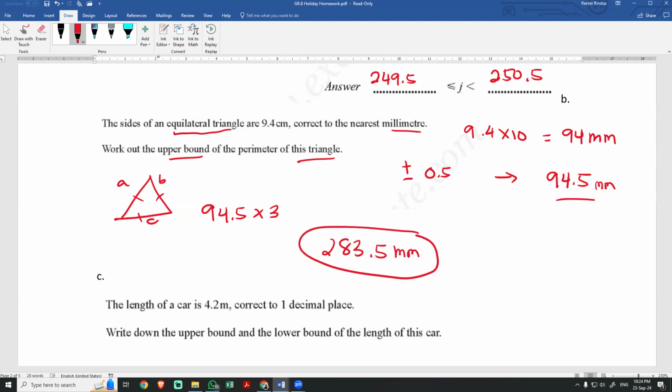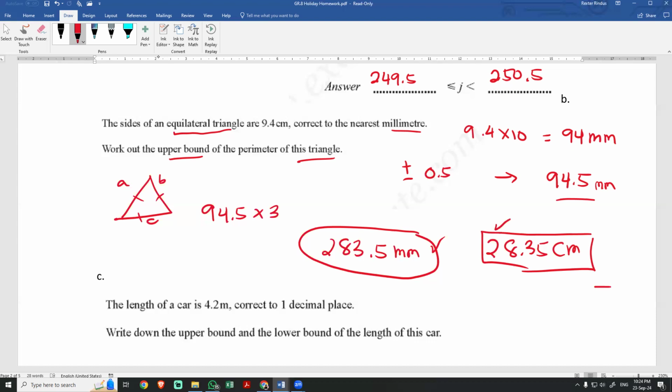Or if you want your answer to be in centimeter, just divide it by 10. It will go back to 28.35 centimeter. So you can have that one or this one, depending on the question.